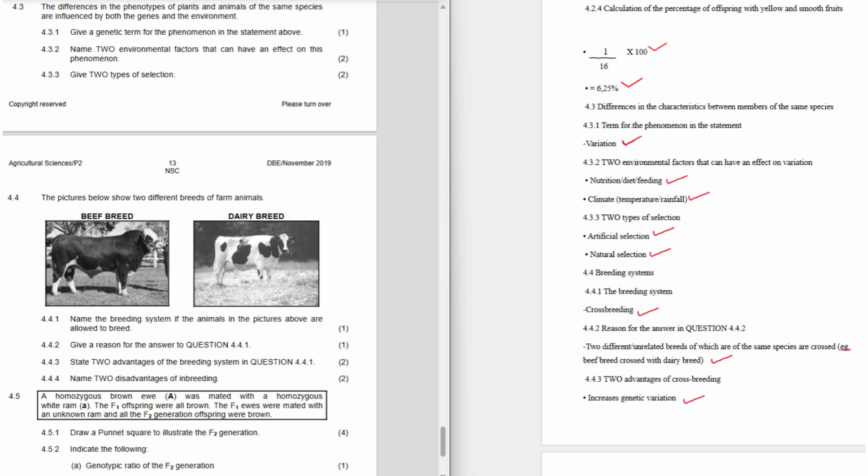Then artificial selection. That's when there is human interference, and these people try to find animals or plants that have good desired traits. The plants or animals that have good traits will be used for breeding purposes.